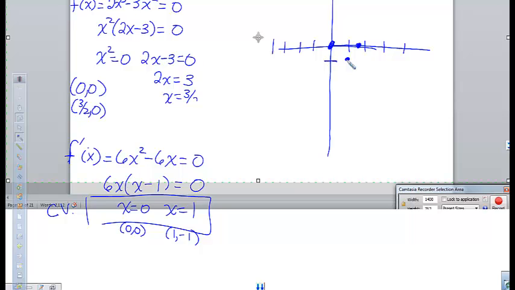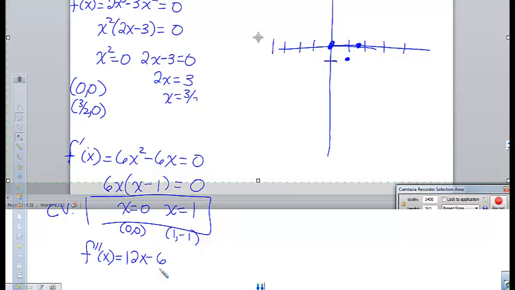Now we need to know, is this thing concave up or concave down at these points? And so that's where we do f double prime of x. We got 12x minus 6.